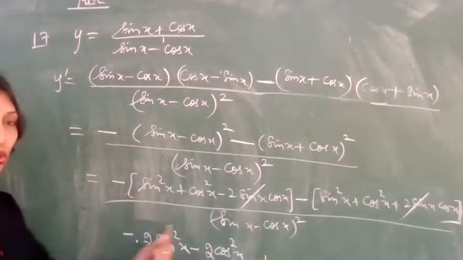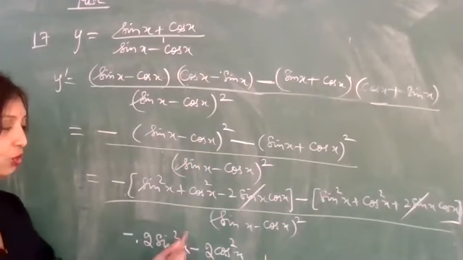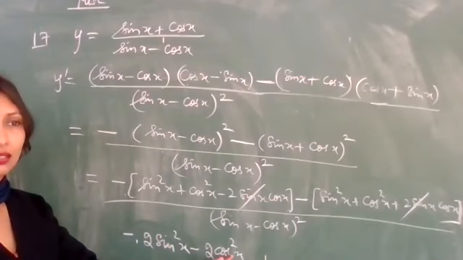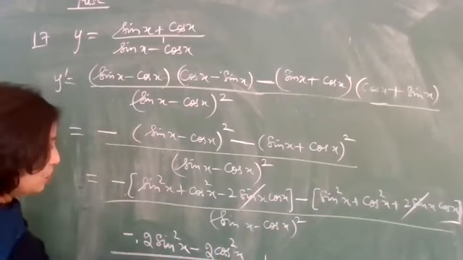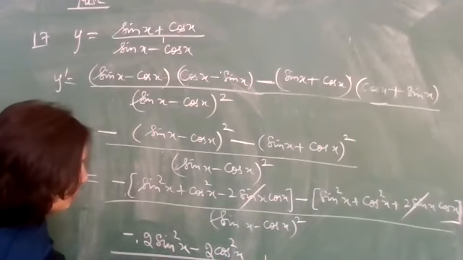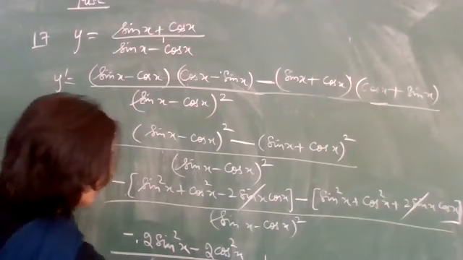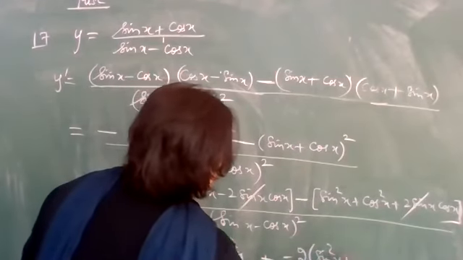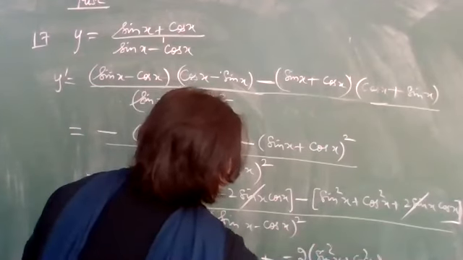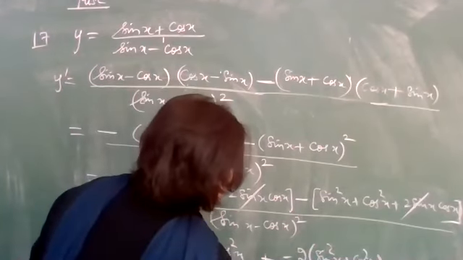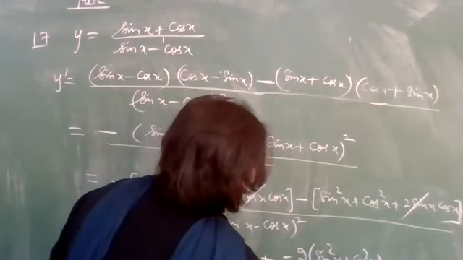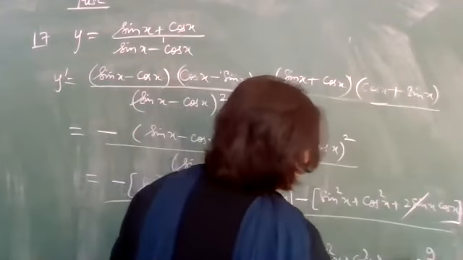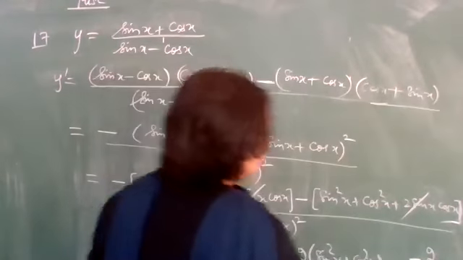We can take minus 2 common and sin square x plus cos square x is left. What is sin square x plus cos square x? 1. So we get minus 2 upon (sin x minus cos x) whole square.